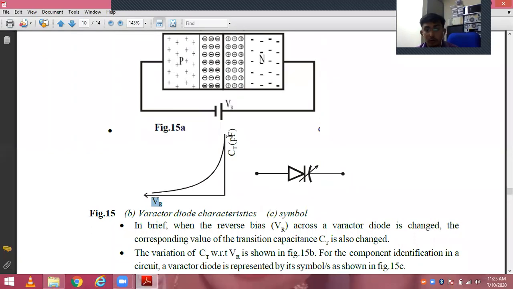The variation of CT with respect to VR is shown in the graph. Its symbol is shown here: this is the diode, this is the capacitor, and this is the variable capacitor. So this is the symbol of the Varactor diode. So this is about the Varactor diode.